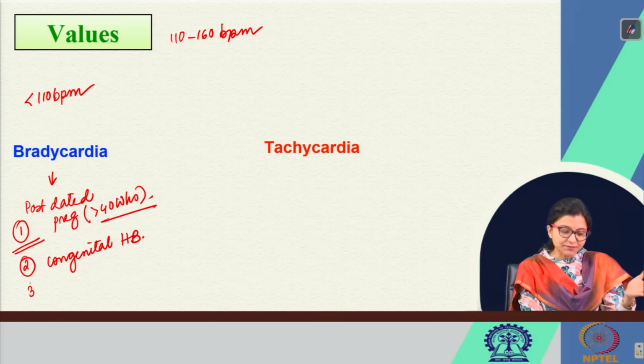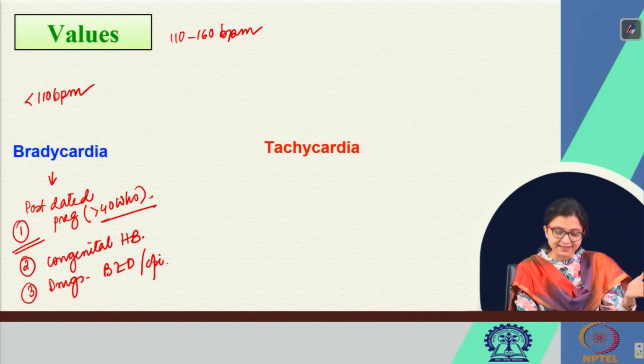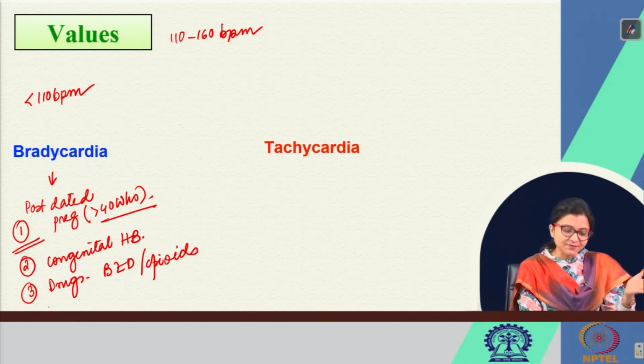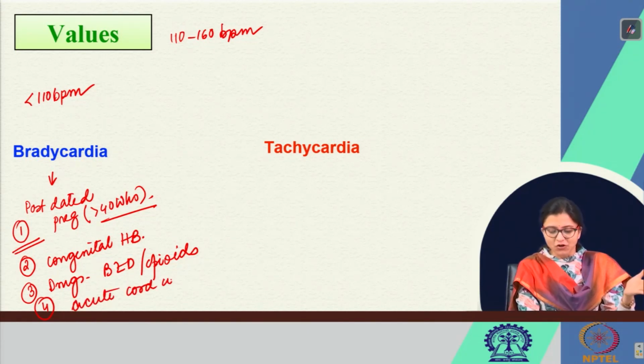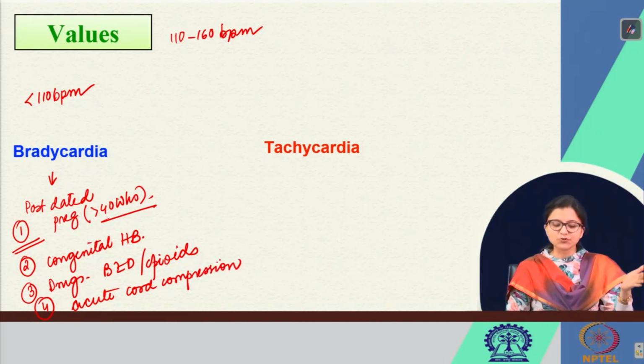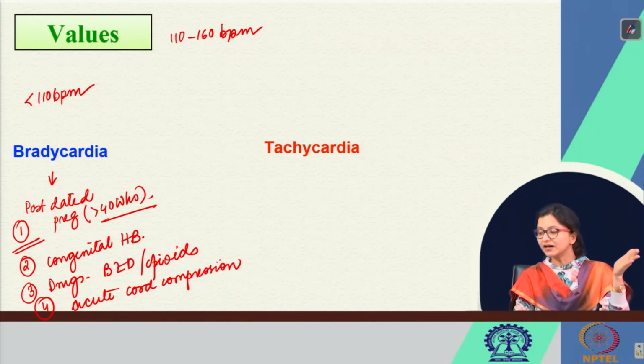In case of some drug administration to the mother in the form of benzodiazepine or opioids, and sometimes fetal bradycardia occurs in acute cord compression. So, all these are the causes which need to be excluded.